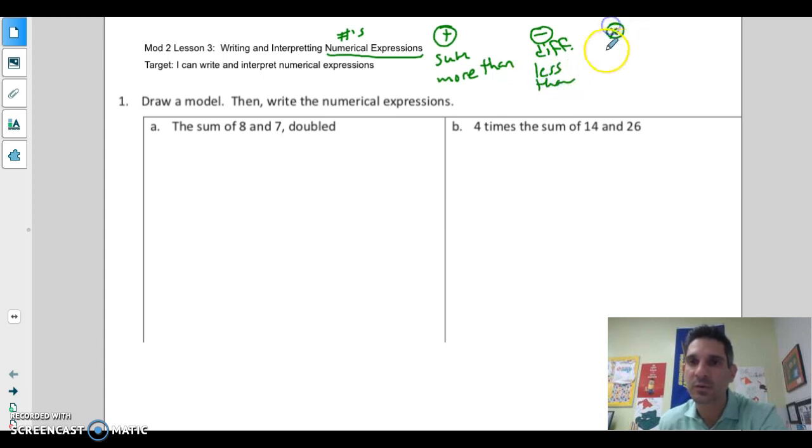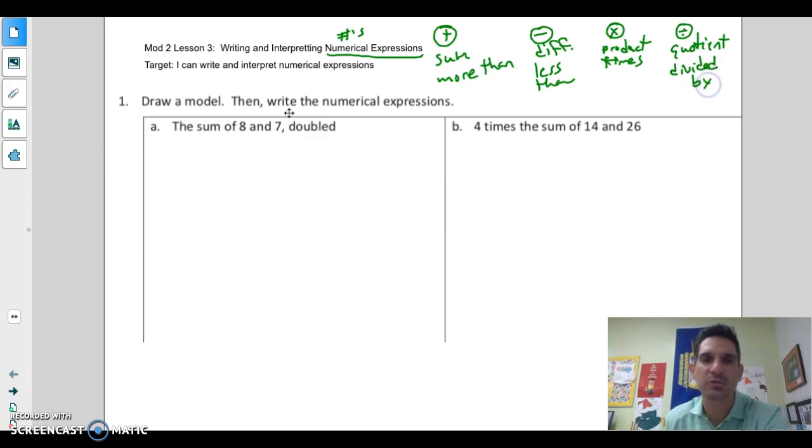Multiplication, we're going to see the word product. That's the answer to a multiplication problem. You're going to see the word times. Division, you're going to see words like quotient, divided by. Okay. Keep an eye on those.